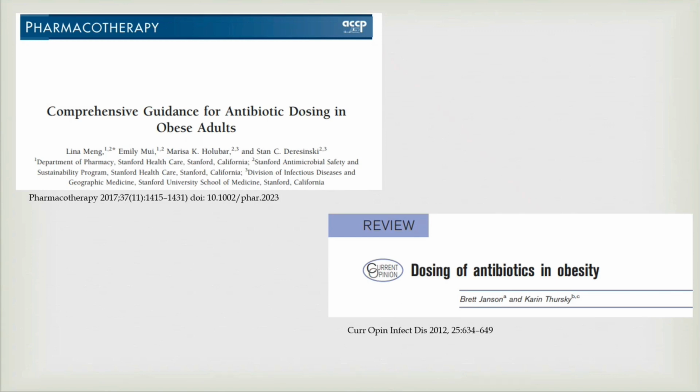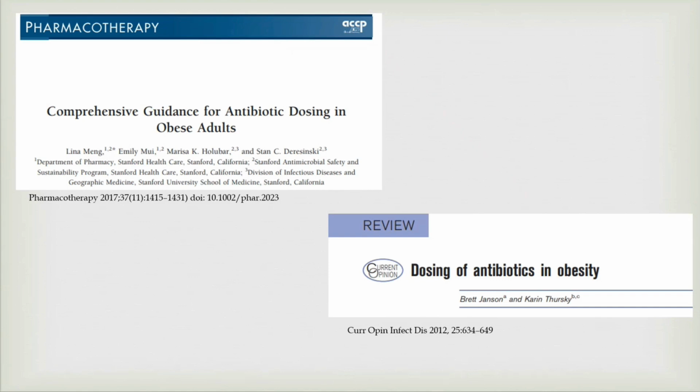So I mentioned earlier that I wanted to share some references for you because at the end of the day, that's what you would be accessing if you were coming up with a regimen for a specific patient. So these were 2 papers that I found most helpful, even with the limitation of limited data.